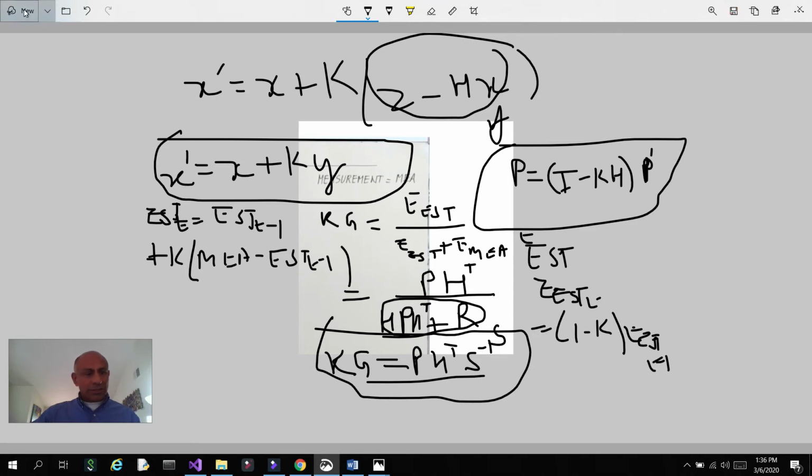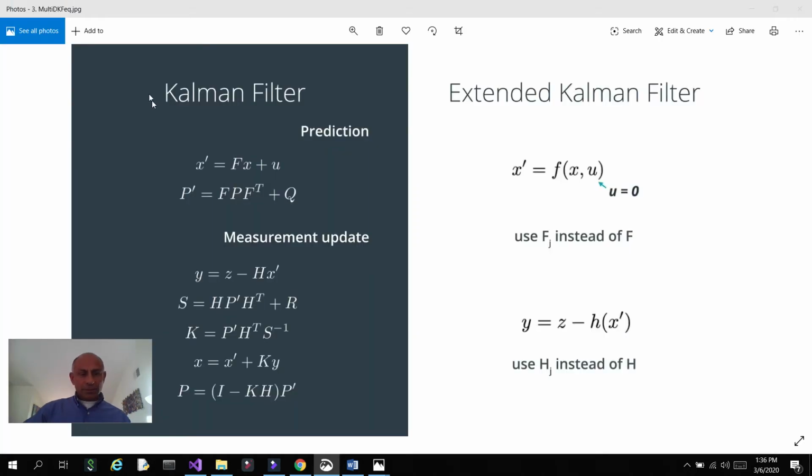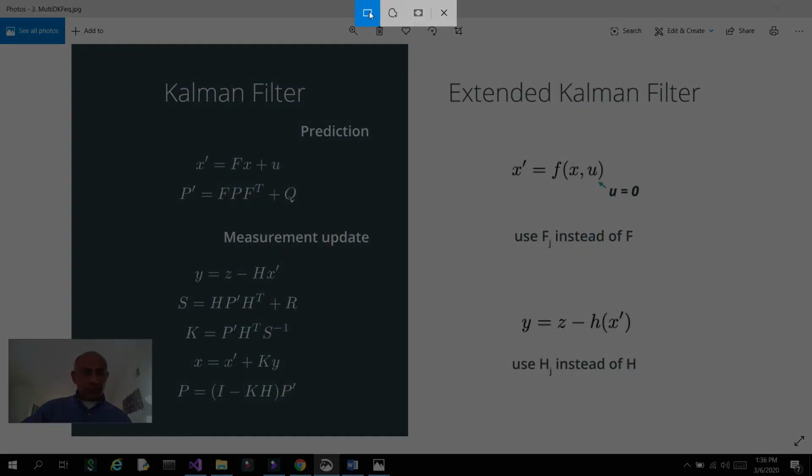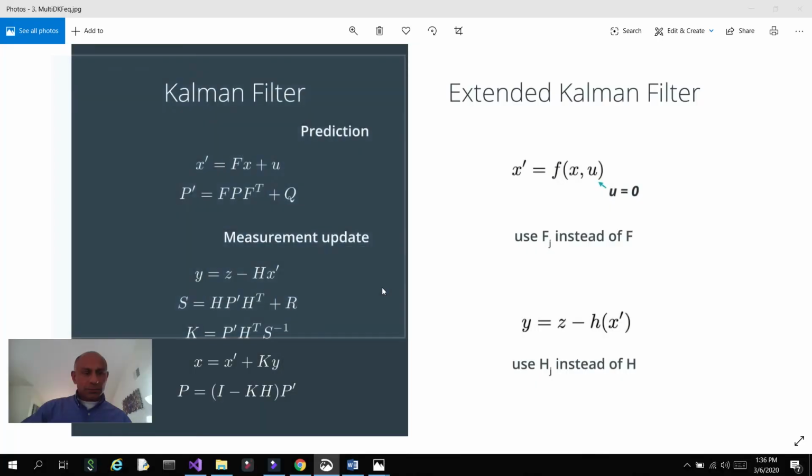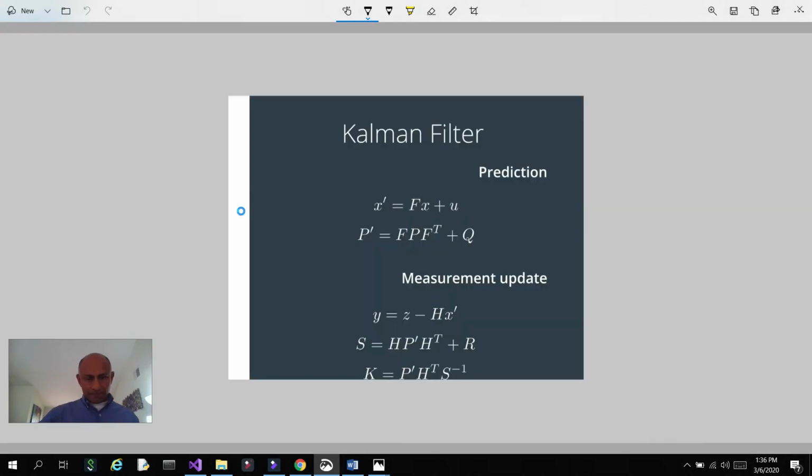Okay, so now let's write the prediction equations again over here maybe. So the prediction equation: the new state is fx plus nu. Nu is noise.